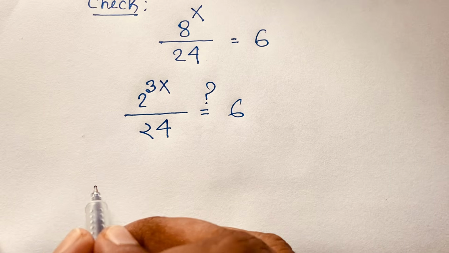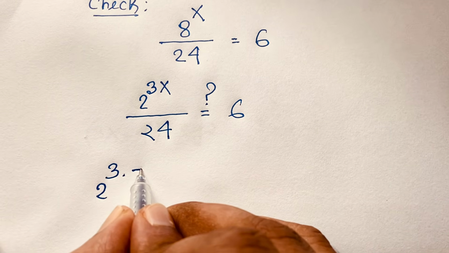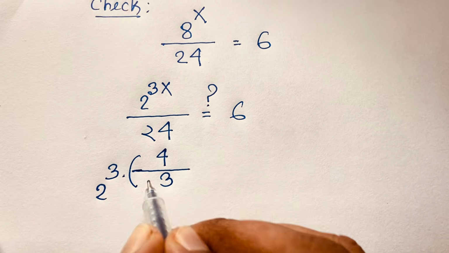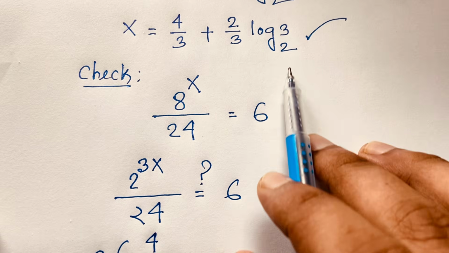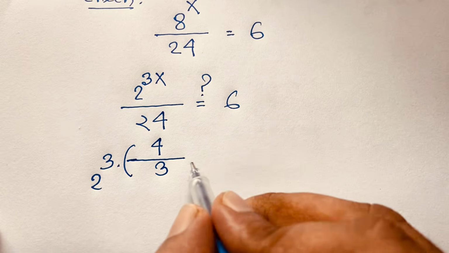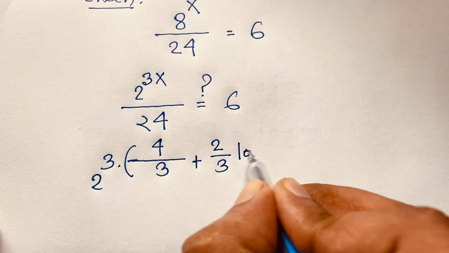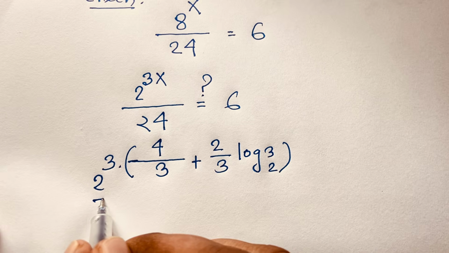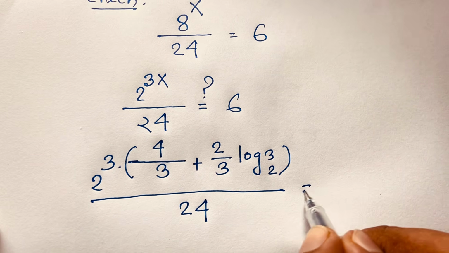Now you can say this is 2 to the power 3, and this x will be 4 over 3 plus 2 over 3 log 3 base 2. I take this value here, plus 2 over 3 log 3 base 2, over 24 is equal to 6.